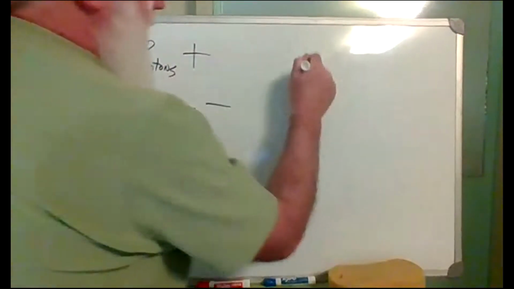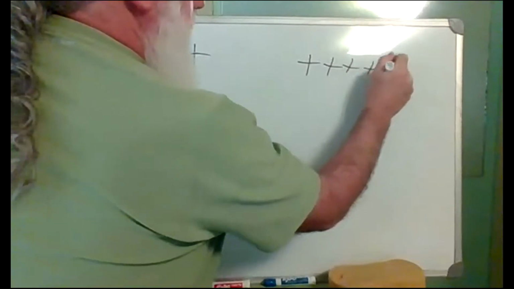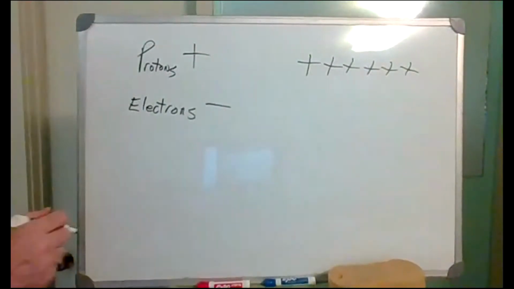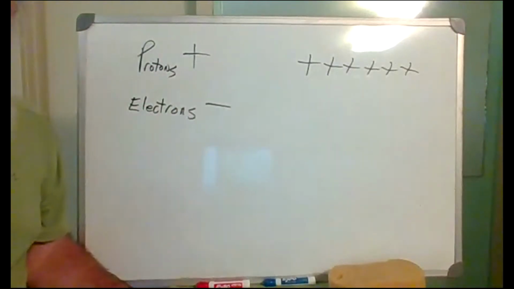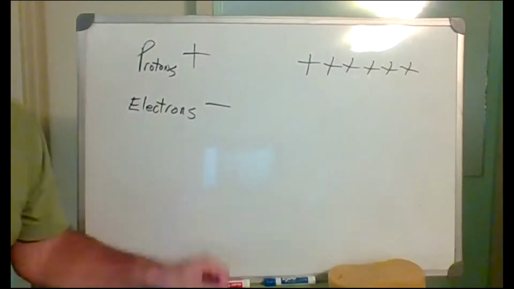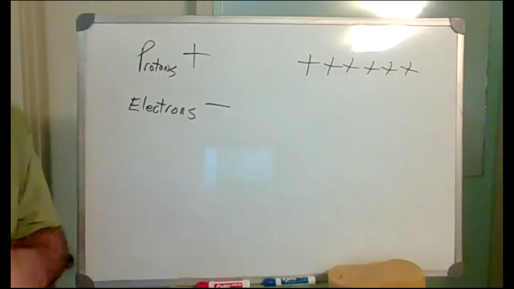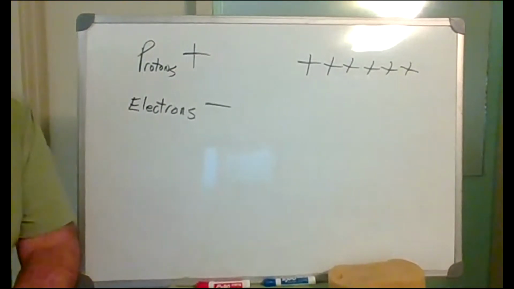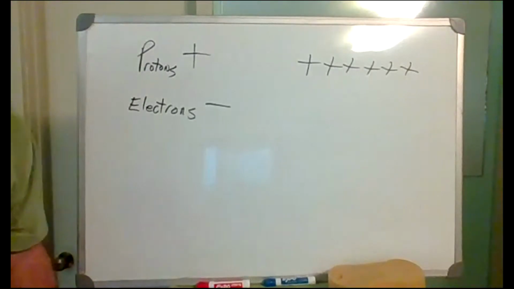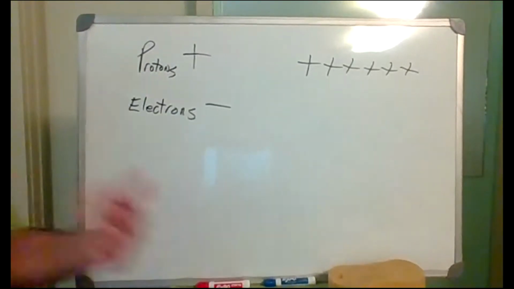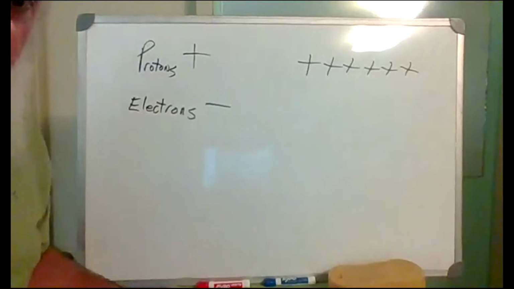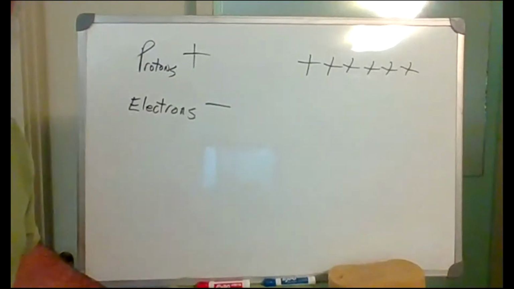So let's put 6 positives there. Every carbon atom has 6 protons. If I say, how many electrons does a carbon atom have? Your answer is, I don't know, because some carbon atoms have 6 electrons, some have 10, some have 0. So you cannot just look at the periodic table and know how many electrons an atom has.